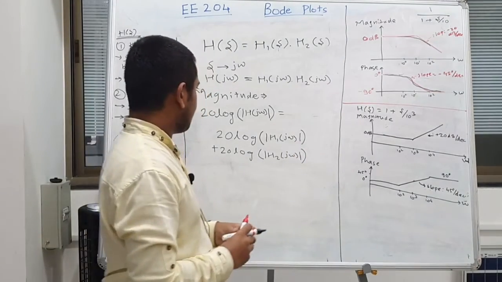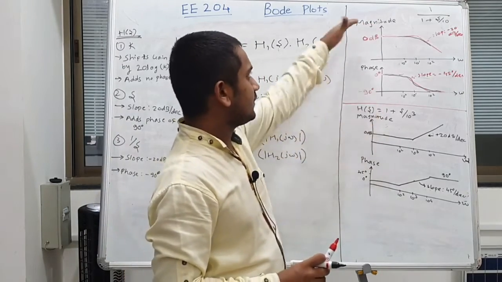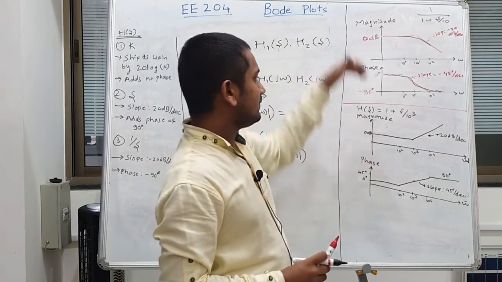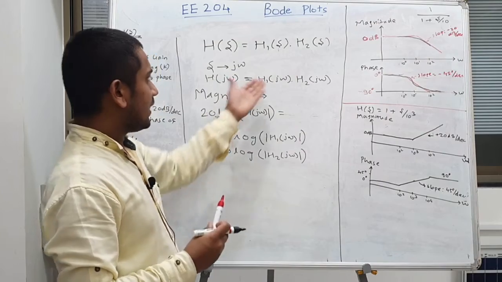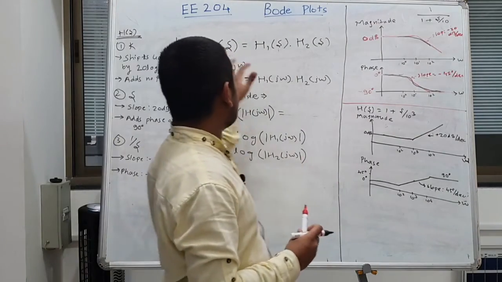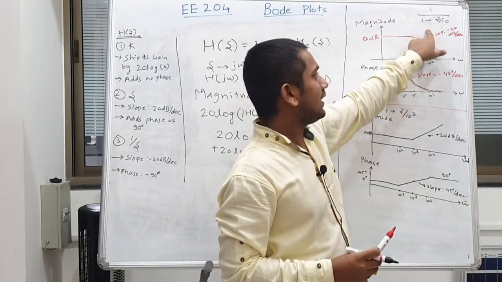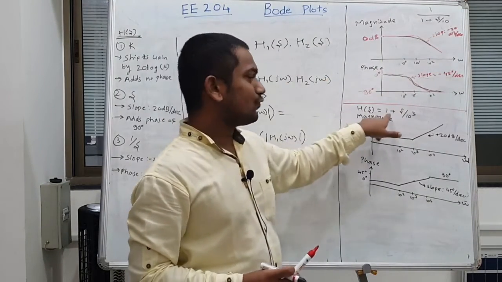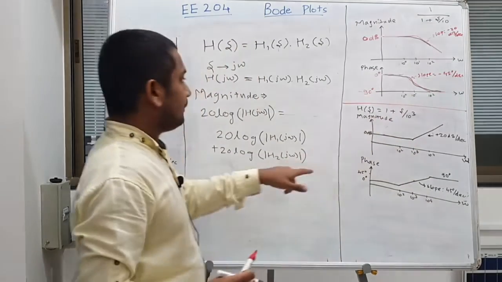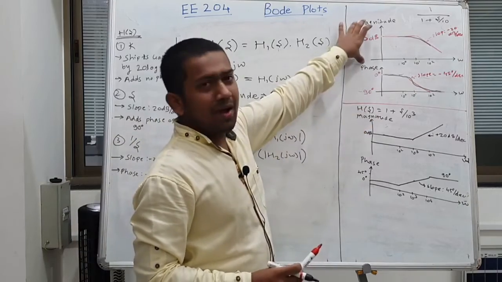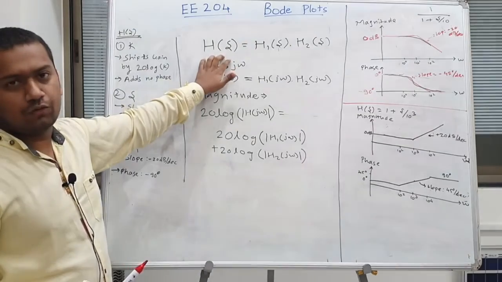It means that the magnitude plots of different transfer functions can be added if those transfer functions are multiplied together. Meaning, if we have h of s with h1 of s as 1 by 1 plus s by 10 and h2 of s as 1 plus s divided by 10 to the power 3, then addition of these two magnitude plots will result in the magnitude plot for h of s.